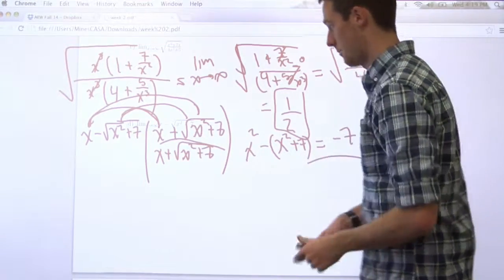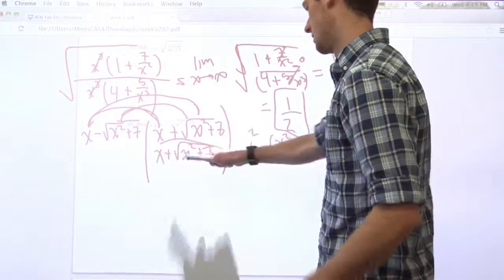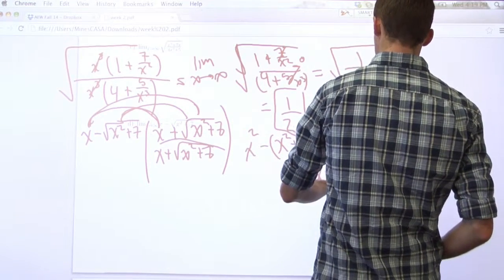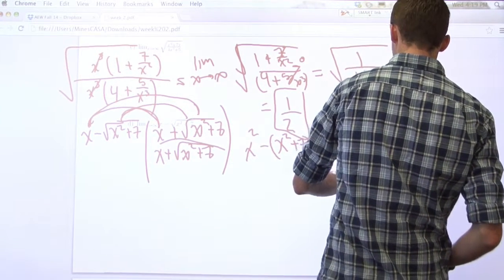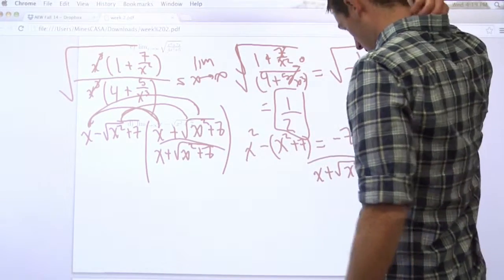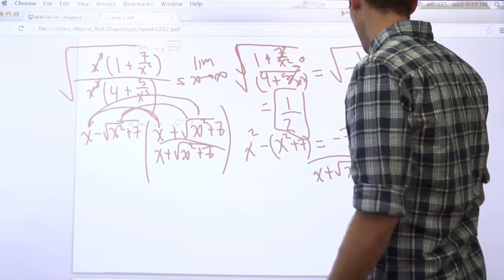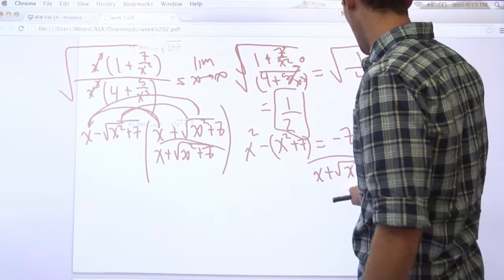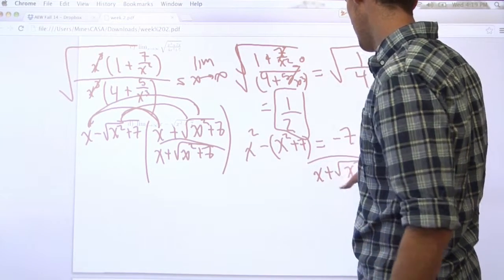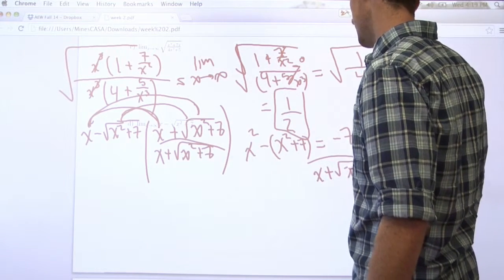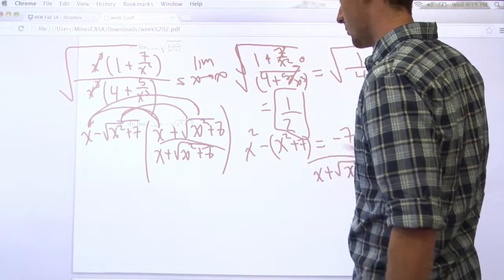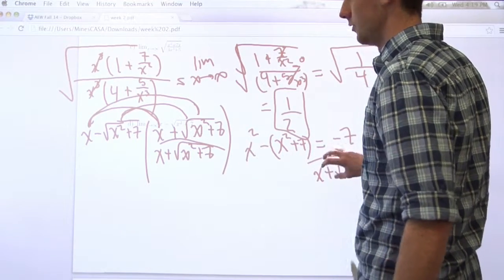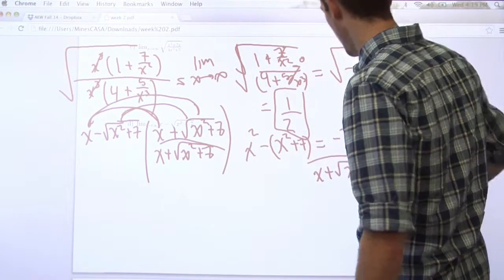And what do I have on the bottom? On the bottom I just have 1 times all this, so I'm just going to have x plus the square root of x squared plus 7. Now if you go out to infinity on this one, as x goes to infinity, this bottom gets very large.